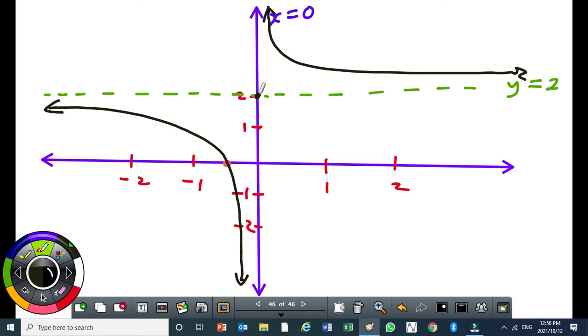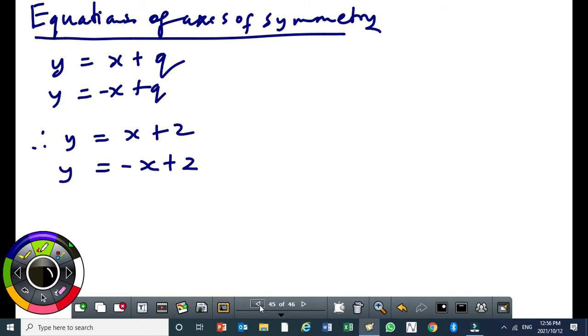Right? So if I want to know where the lines of symmetry are going to pass through on the y-axis, it is this point. Right? Y is 2. If you check here, what's the y-intercept there? The 2. Okay?